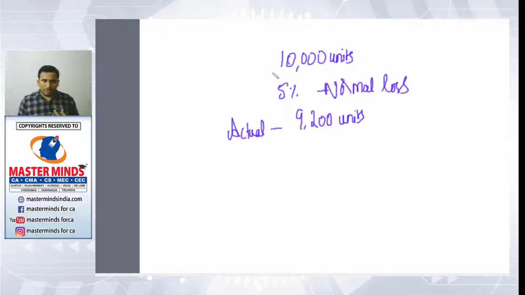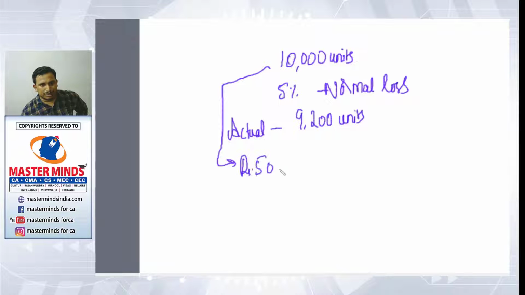Or let us say you are shifting products from one location to another. Many times, normal loss may occur as a seller or a buyer. Now, let us say you are a buyer and you are bearing the transportation, everything. Let us say you are paying rupees 50,000 for those 10,000 units.